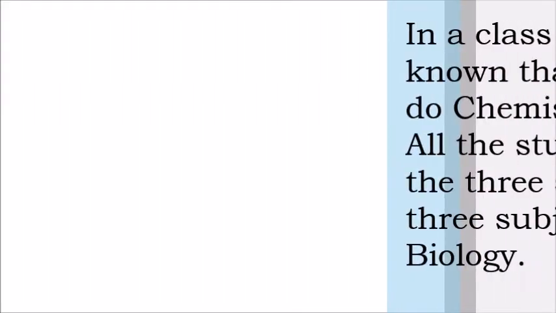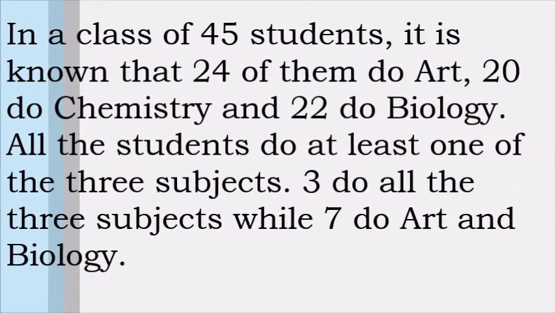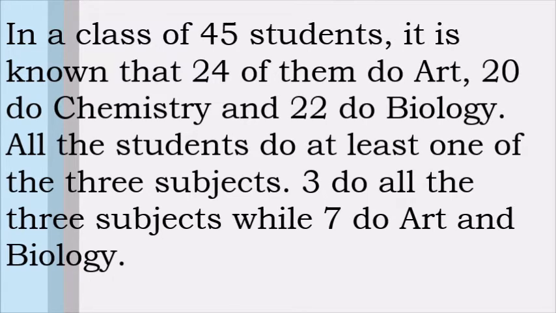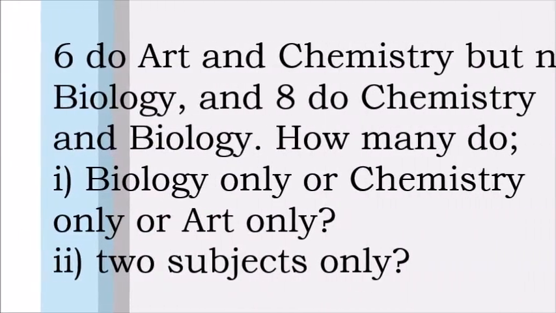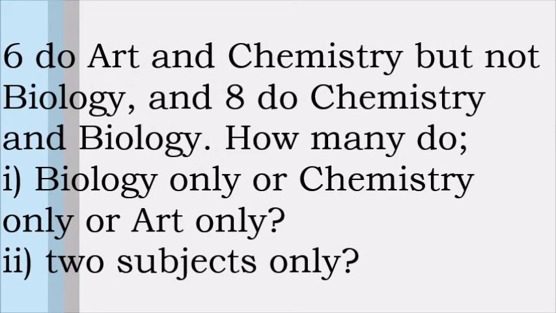Example 1. In a class of 45 students, it is known that 24 of them do arts, 20 do chemistry, and 22 do biology. All the students do at least one of the three subjects. 3 do all the three subjects, while 7 do arts and biology. 6 do arts and chemistry, but not biology.